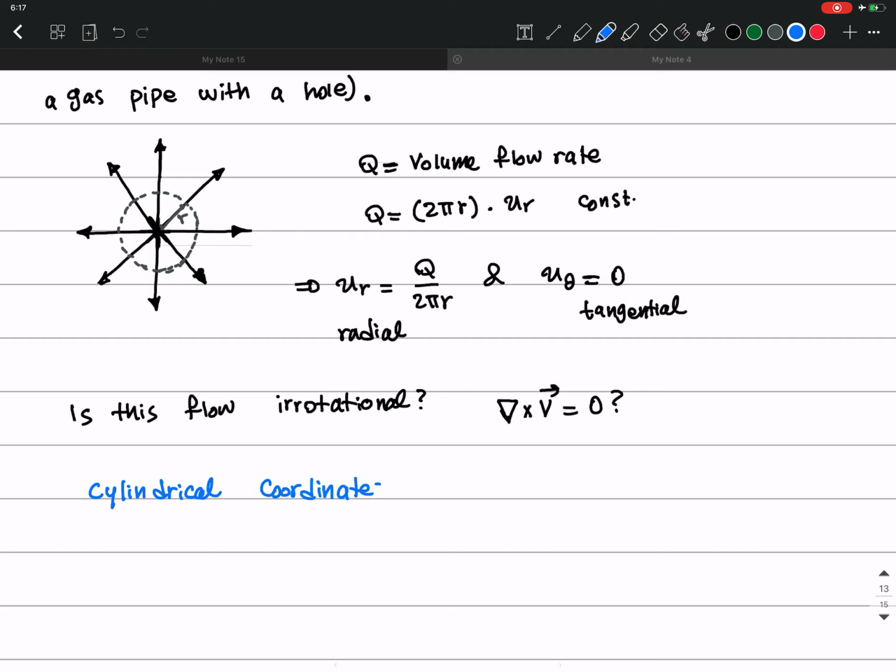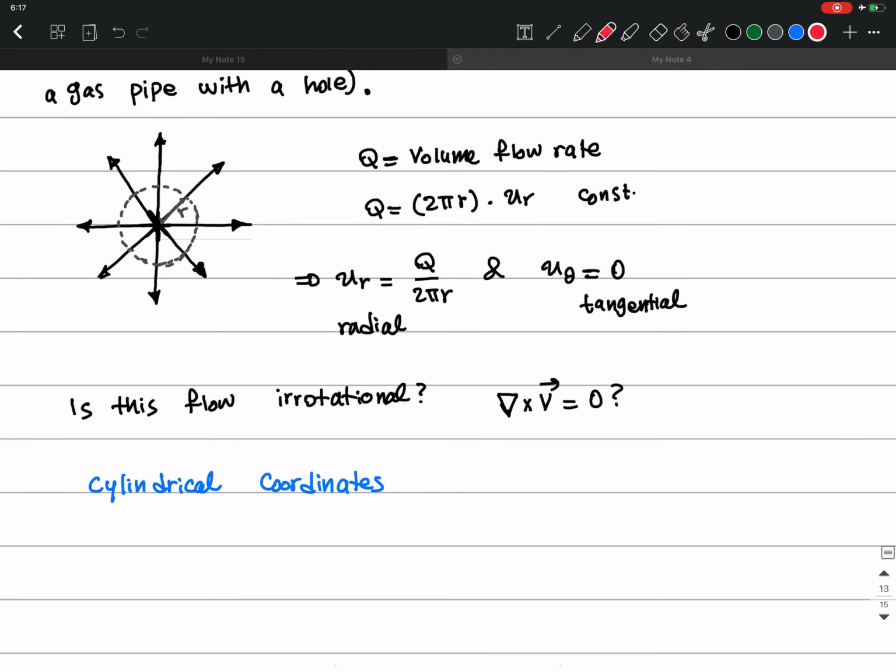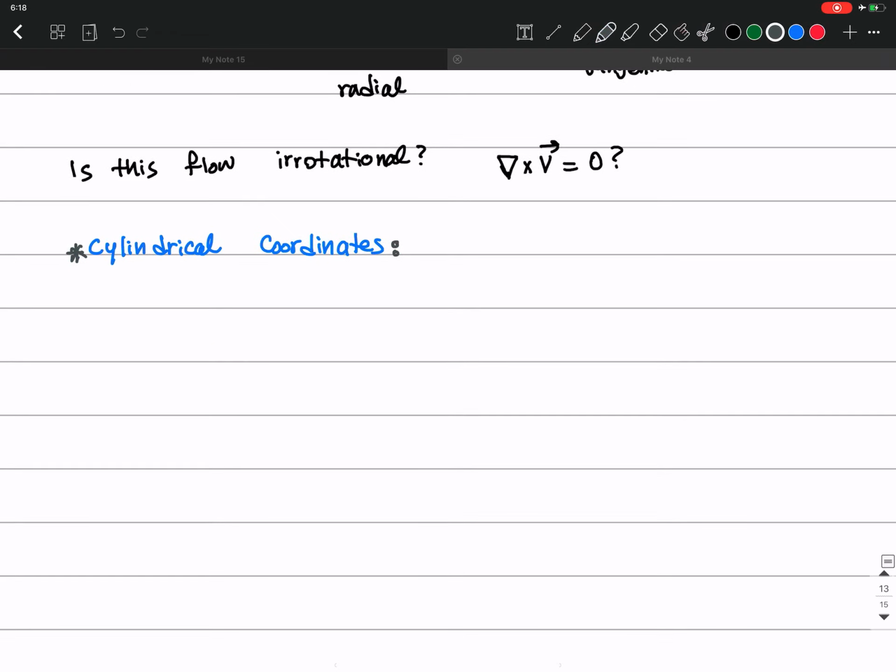So let's get started on cylindrical coordinates. We want to see what the vorticity vector, or curl of velocity, is in cylindrical coordinates. Let's define a cylindrical coordinate for those who don't remember.